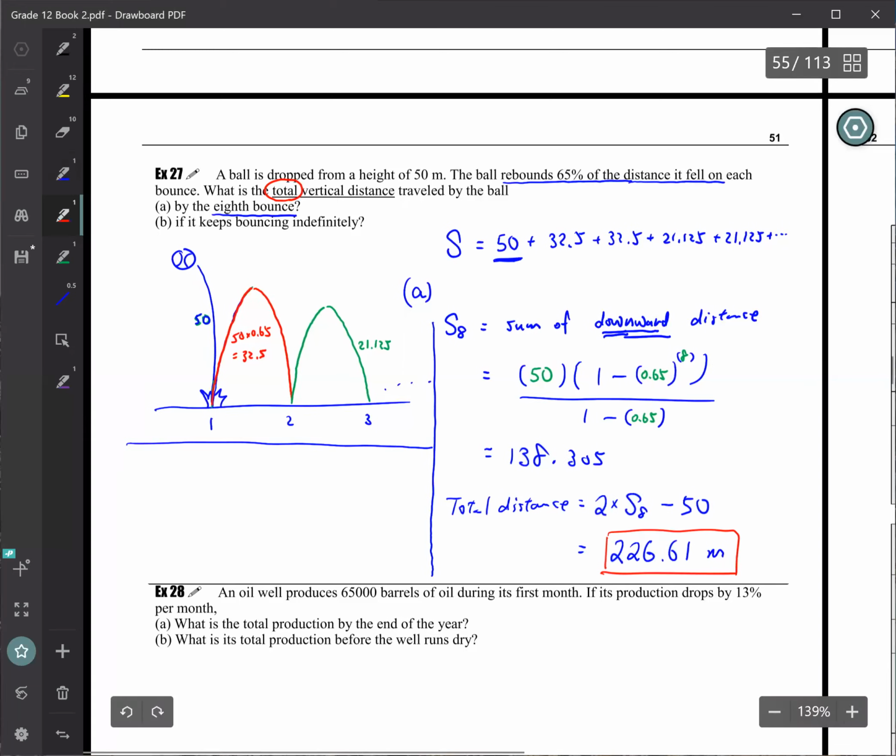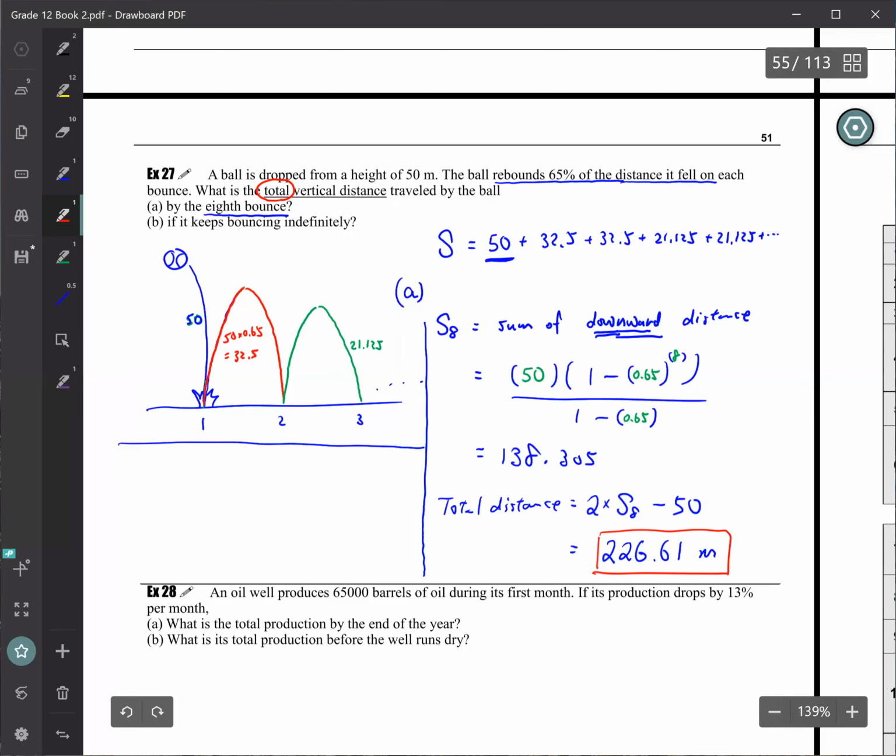Okay, so question B is saying if it bounces indefinitely, that means it keeps on going, right? Indefinite means forever, okay? So that means it's the infinite formula. We are doing the exact same steps, but the formula we are using is the infinite formula, okay?